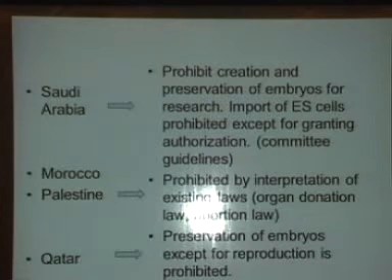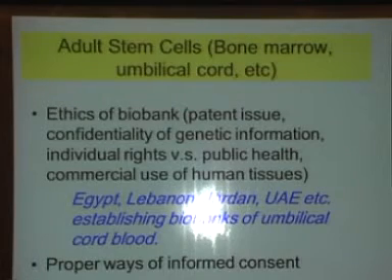And Morocco and Palestine do not have clear guidelines, so they rely on organ donation law and abortion law by analogy, and they have a prohibitive position. In Qatar, there is no possibility of human embryo research because the creation and preservation of human embryos is only for reproductive purposes.